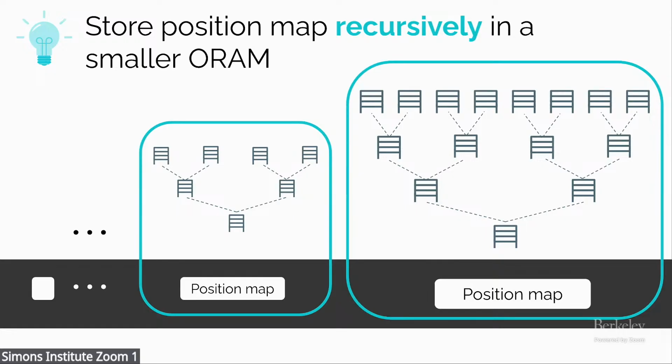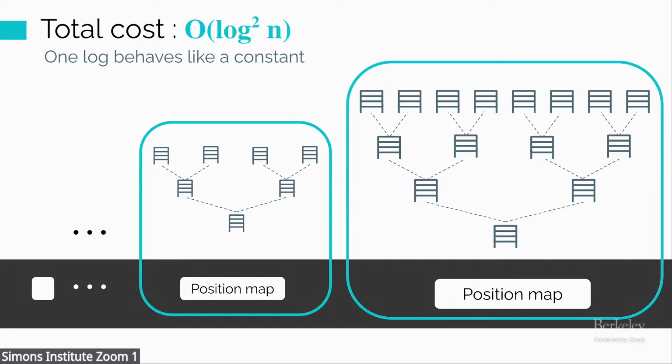Essentially, if your block size is some constant times log n, then every time you think about your position map, it should be a constant factor smaller than the original database. So every time you shrink by at least a constant factor, and the recursion will end after logarithmic depth. If you account for the total cost, it's log squared. One log comes from the height of the tree, and the other log comes from the depth of the recursion.